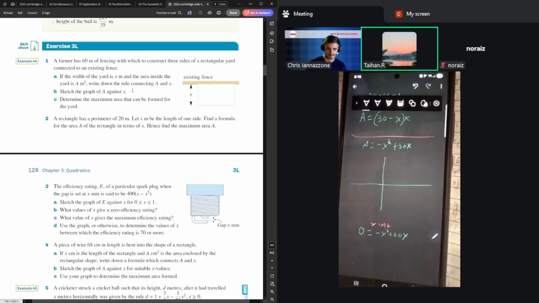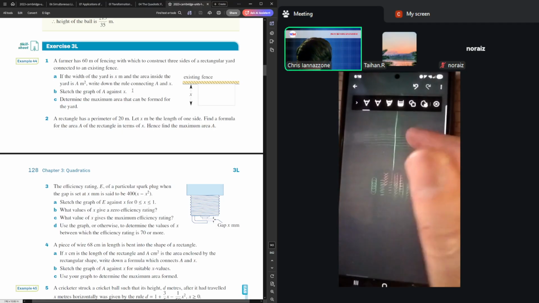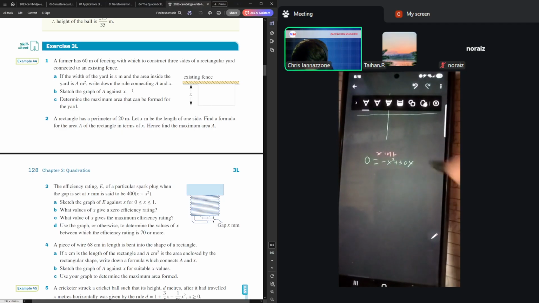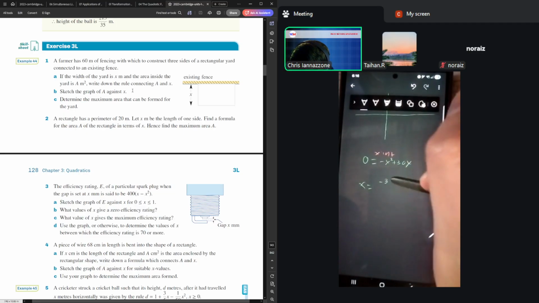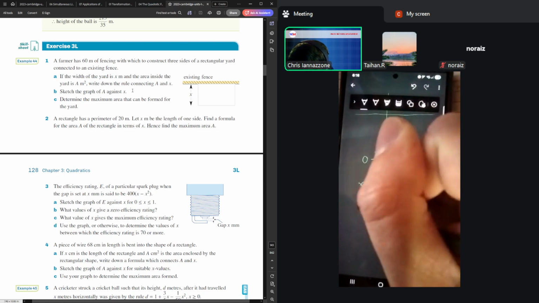What I've done sometimes is, if you find the vertex, with negative b over 2a. Yeah, brilliant. Let's do that. So negative b over 2a: x equals negative 30 over 2 times a, which is negative 1.